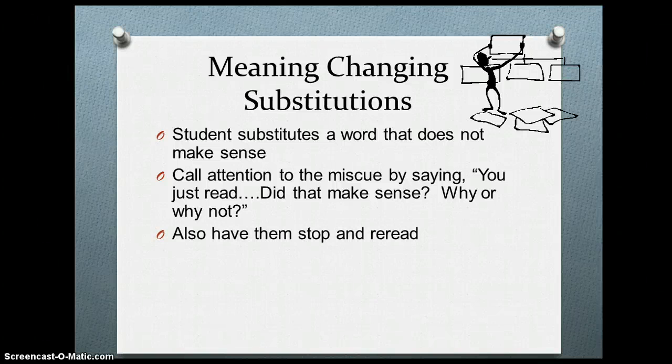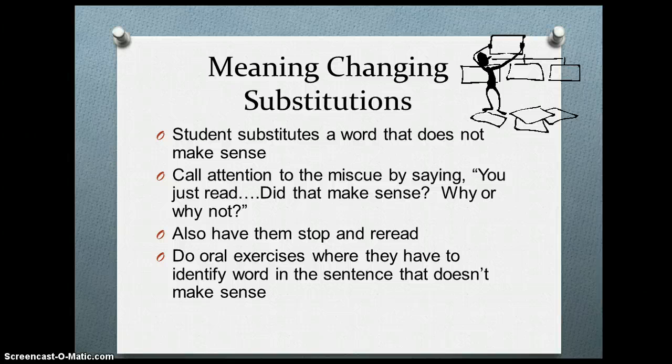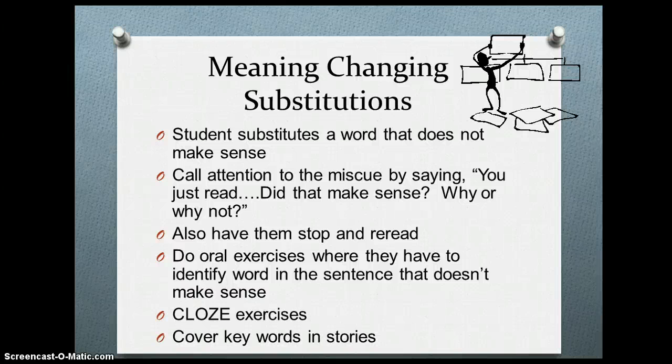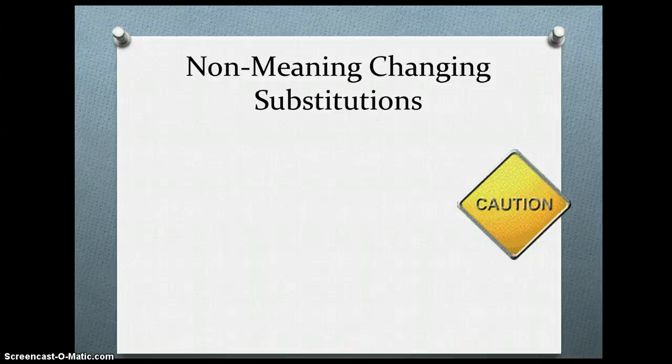You can also have them stop and reread or do oral exercises where they have to identify a word in the sentence that doesn't make sense. And cloze exercises are also good for this, as well as covering up keywords and stories and having them predict what would go in the blank based on the meaning of the story.